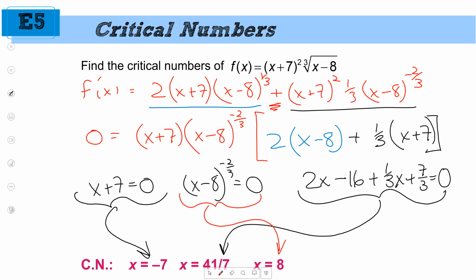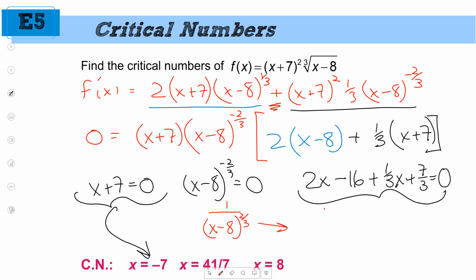That x minus 8 is a little wonky because if I rewrite it, this is the same thing as 1 over x minus 8 to the 2/3, or if you prefer, 1 over x minus 8 squared and then take the cubic root of that. Either one, it's the same thing. But that 8 value is not going to make it equal to 0, it's going to make it undefined, which is fine. It doesn't matter because we want where it's equal to 0 and where it's undefined.